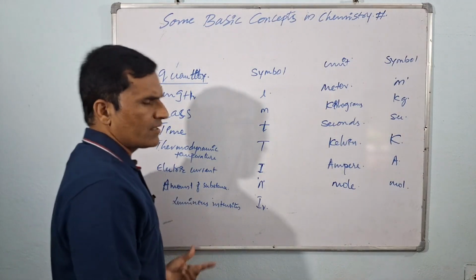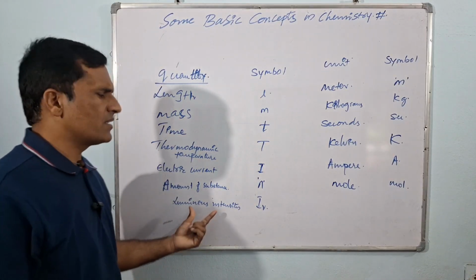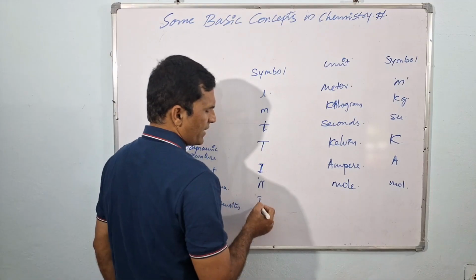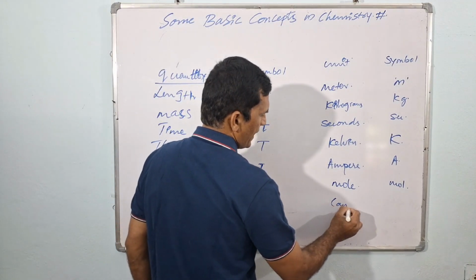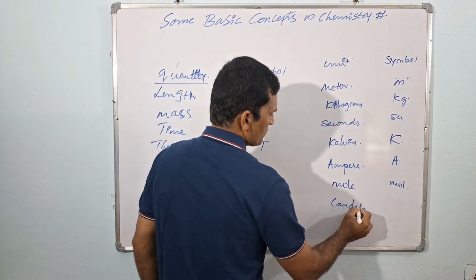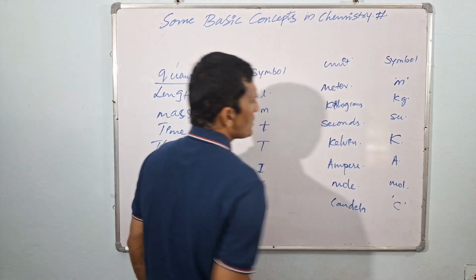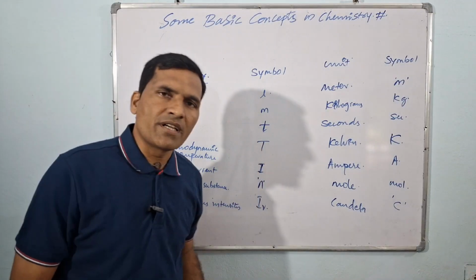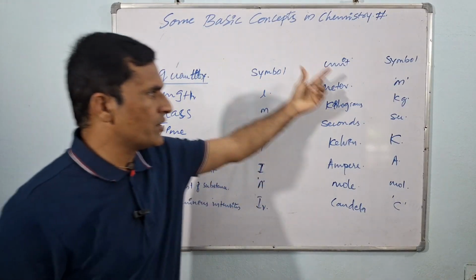And luminous intensity, which is not found in our chemistry but still we will take into consideration, is represented by Iv, and its unit is candela. These are the basic quantities and their units.